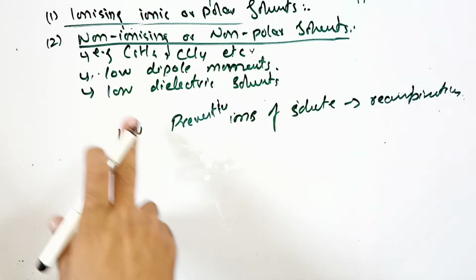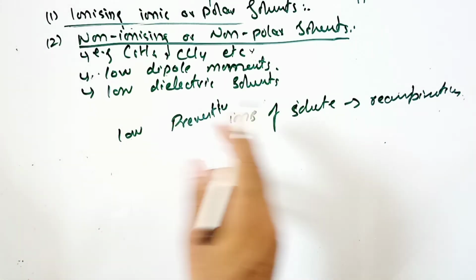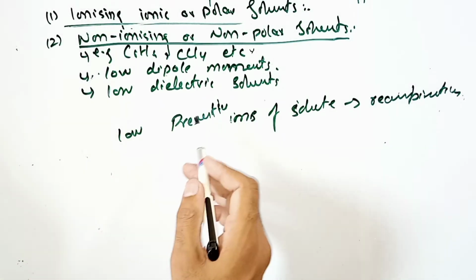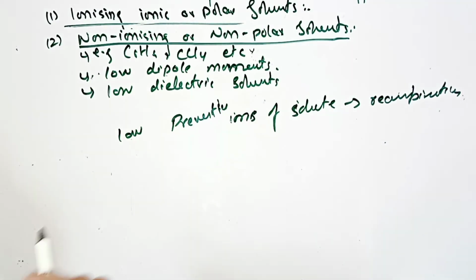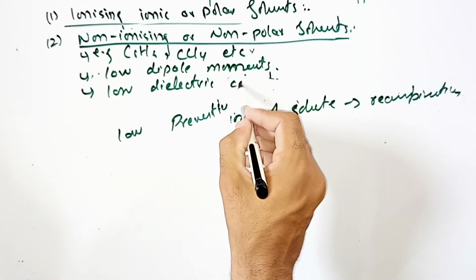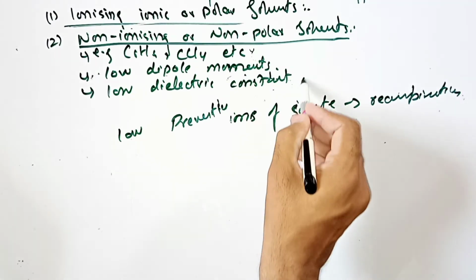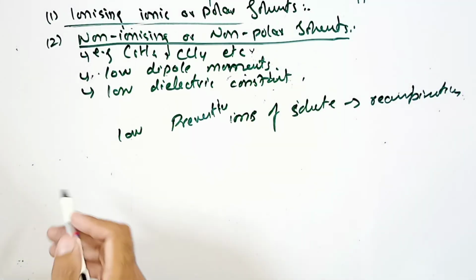They have low efficiency in preventing recombination. You can also define the dielectric constant in this way. I hope this point will be clear.